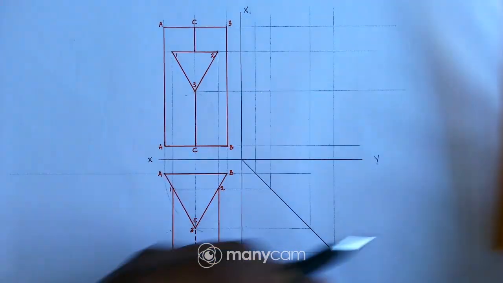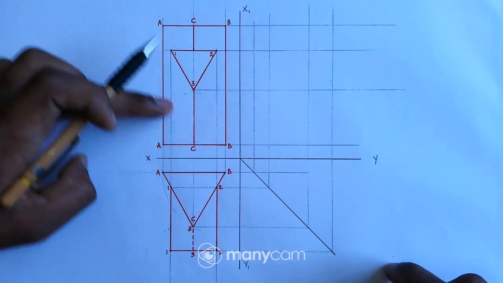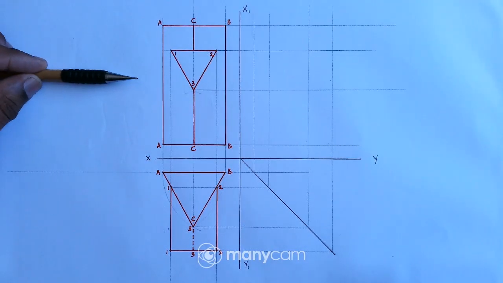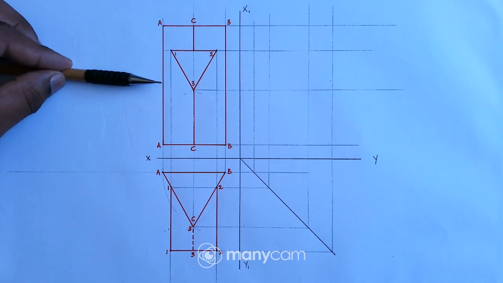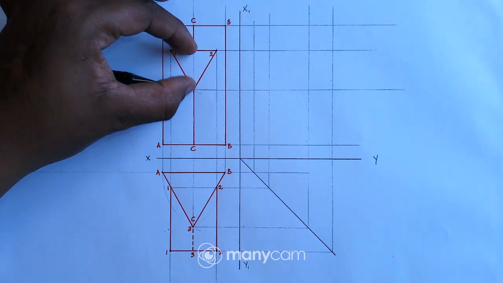So now, because I'm drawing the left view, that means I'm looking at this object from the left hand side, right? So obviously looking from this side, I'll see the branch part and the main part, right?